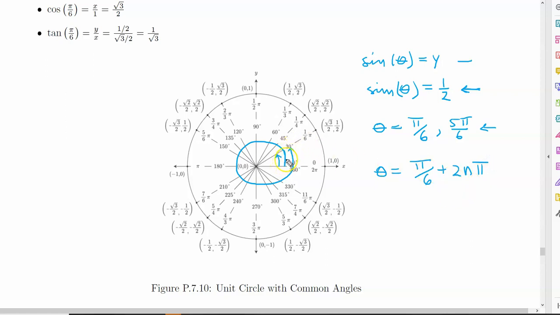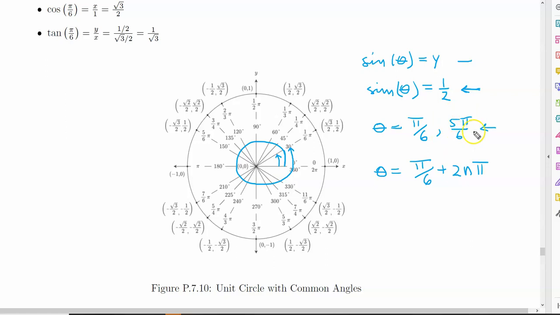Just take note that if we go around 2 pi units and then we were to go around again, that would be 4 pi, or 2 times 2 pi. If we were to go around again, that would be 6 pi, or 2 pi times 3, and so on. And we can also go backwards. Pi over 6 minus 2 pi, pi over 6 minus 4 pi, and so on.